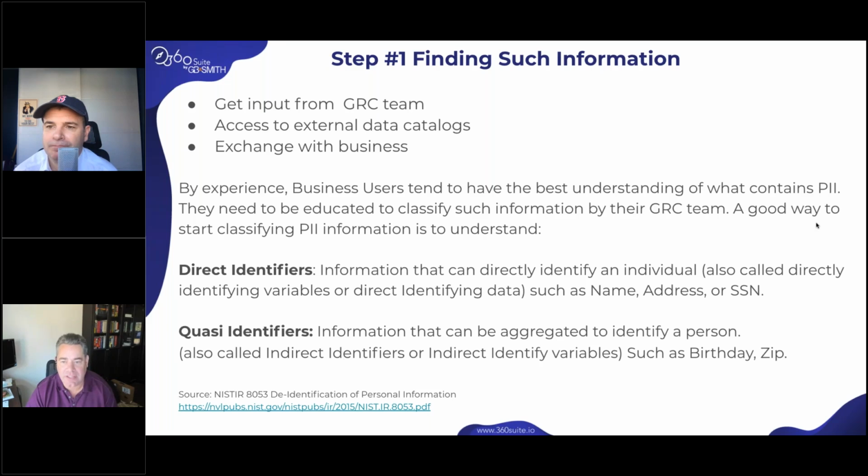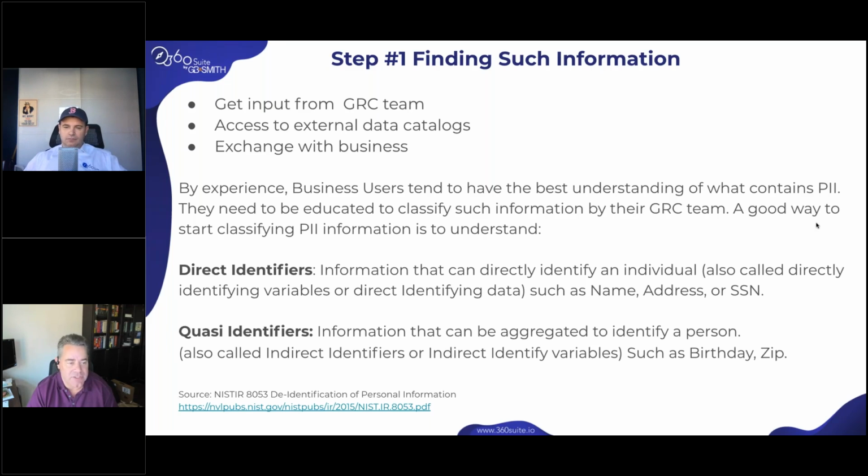So the first thing is, how do we determine or find that PII information within our organization? First off, getting input from the GRC team, the governance, risk, and compliance folks, access to external data catalogs, and interfacing and exchanging with our business or agency. By experience, the business users tend to have the best understanding of what really contains PII, right?